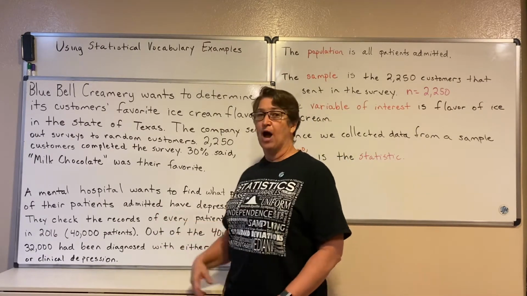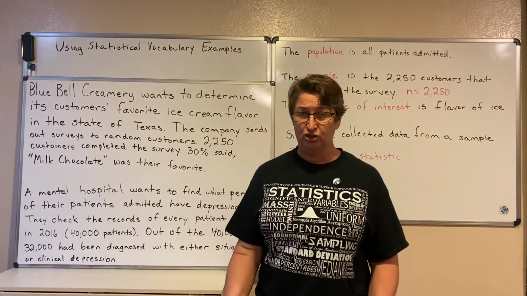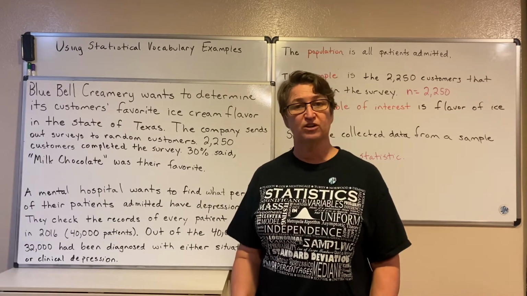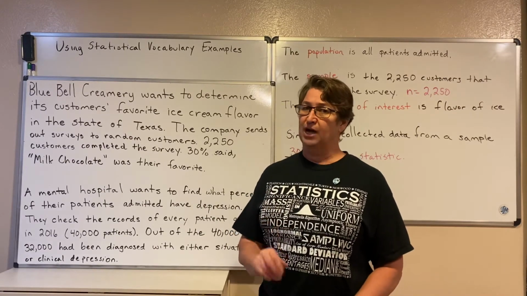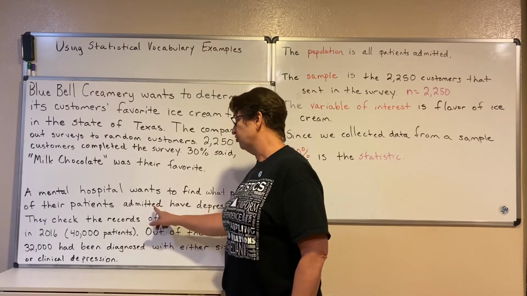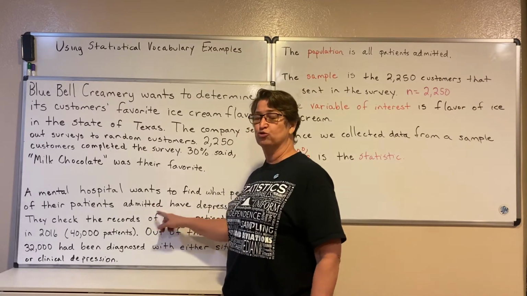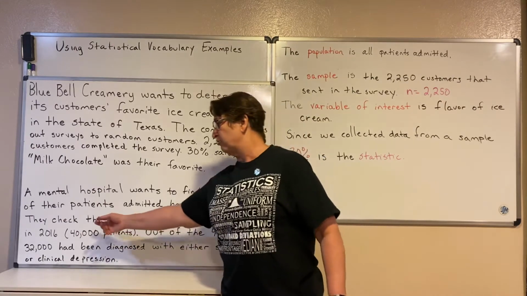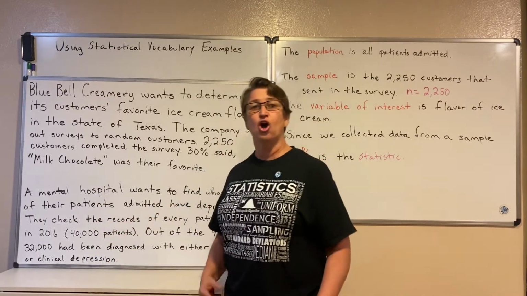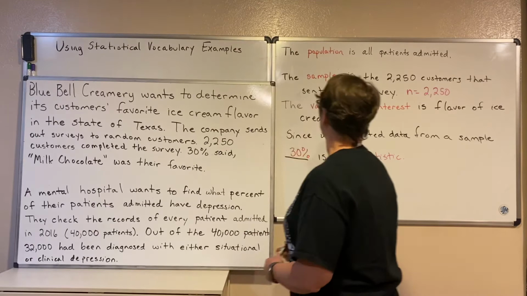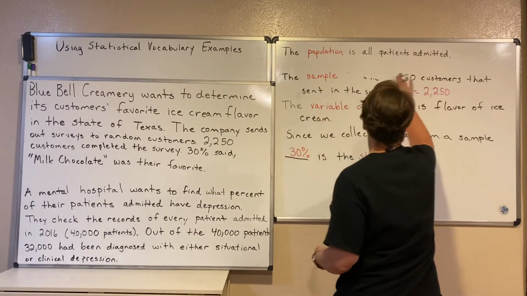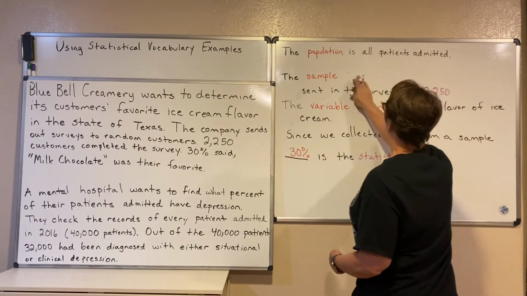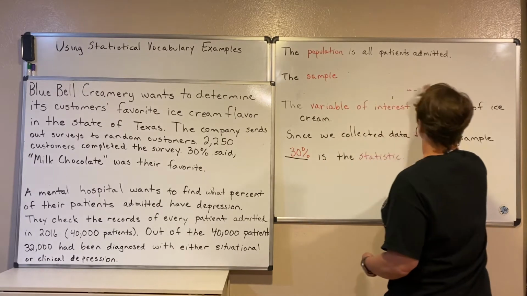So if our population had been all the patients in 2016, then they would have conducted a census. But they didn't. That wasn't their population. Their population of interest is all of their patients from every year. So these ones from 2016 are just a sample. So their sample are the patients from 2016.